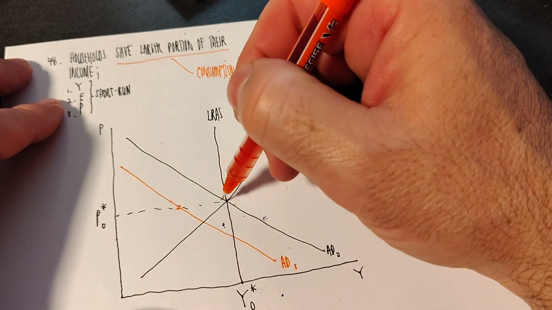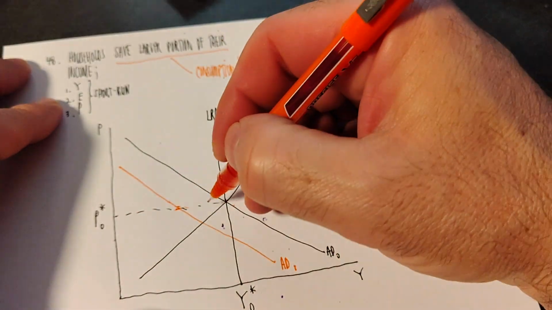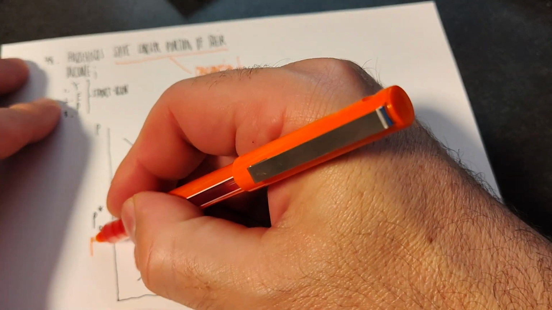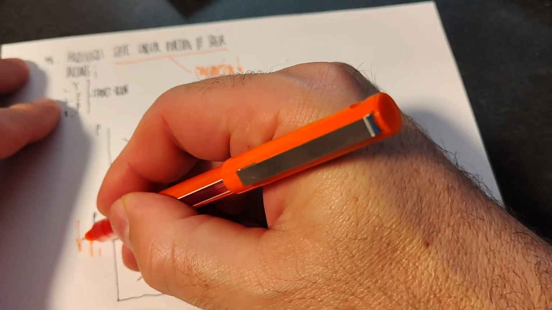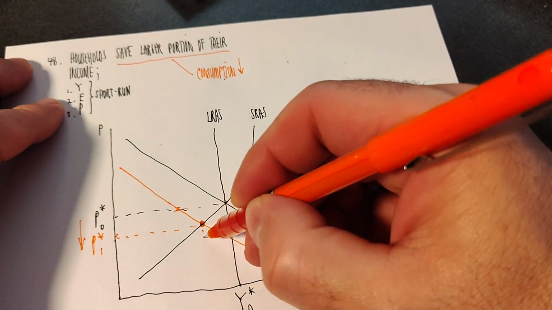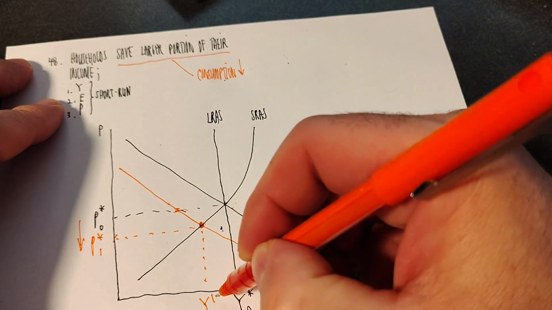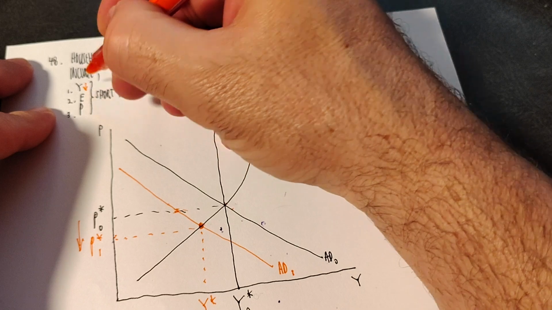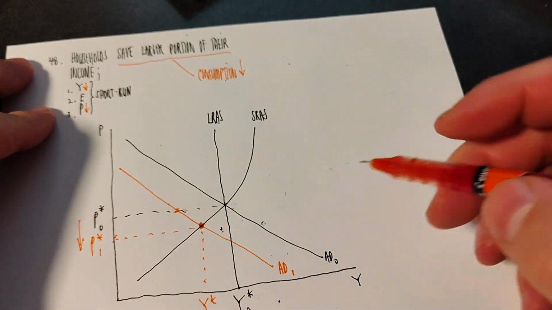So all this needs to go. And what's the way that these businesses are going to sell all this extra surplus? Price level has to start to fall. So that's going to fall there. P star 1, right? And Y star 1, right? So output's going to fall. Price level is going to fall.